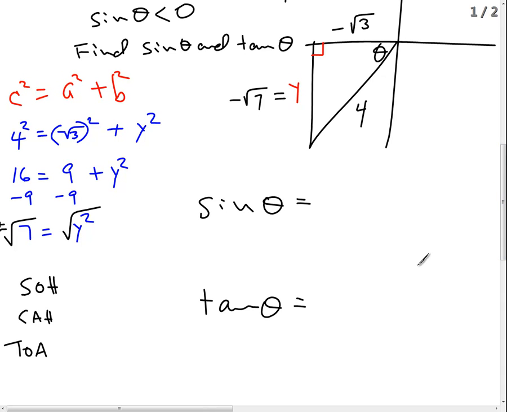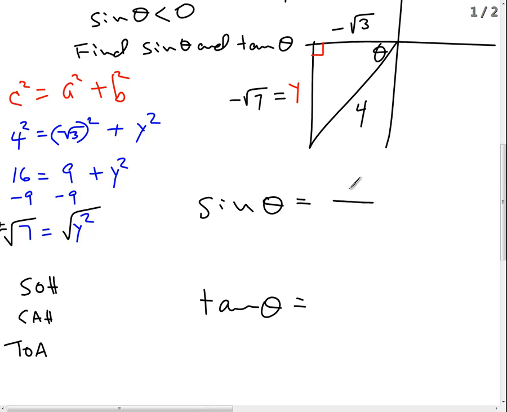All right, go ahead and do that. Okay, sine is opposite over hypotenuse, so what values would you put there?